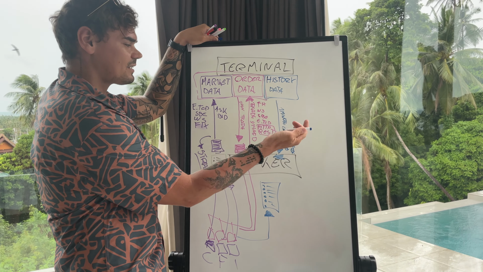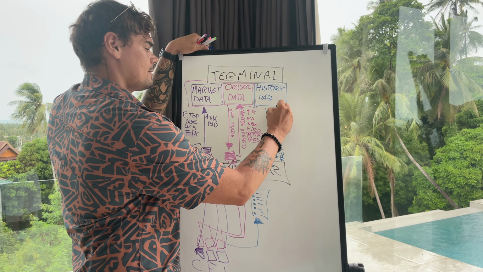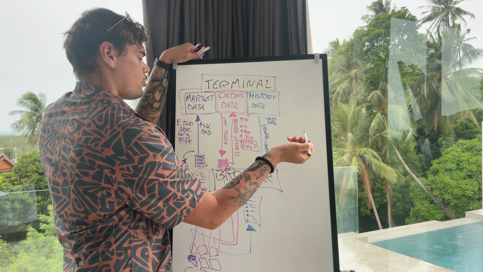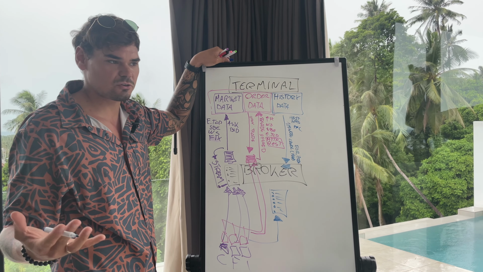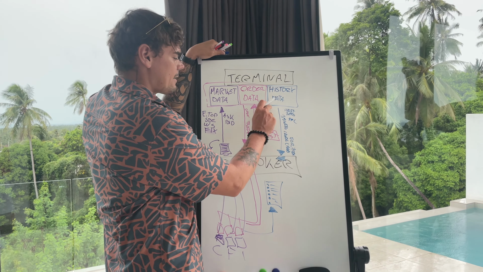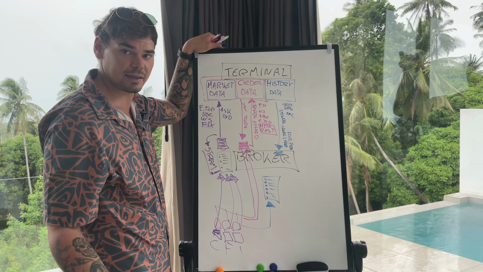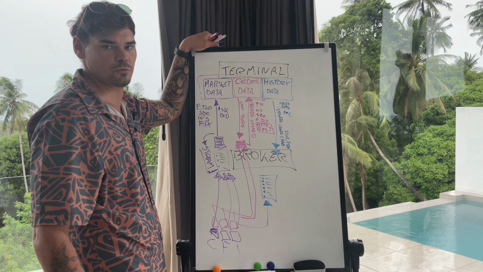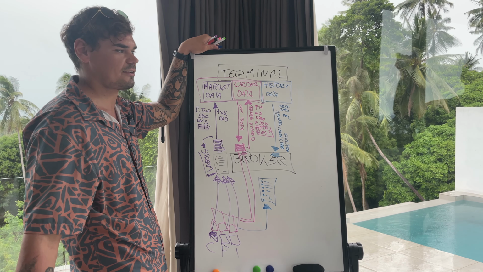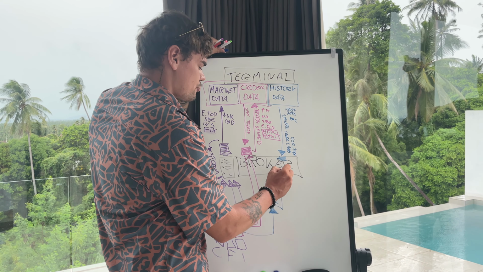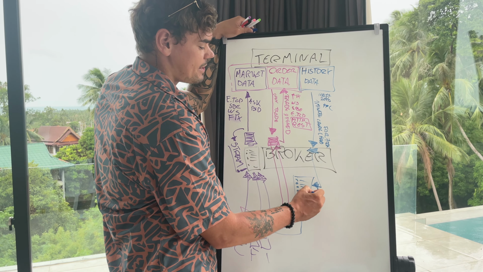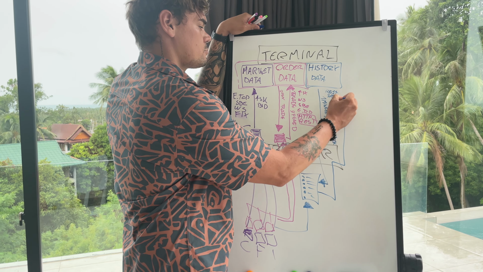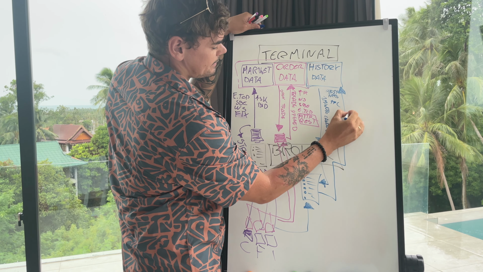It could be REST, HTTP, gRPC, or any kind of request-response communication. So we send the request to get the historical data, say for EUR/USD 1 minute chart for the last 7 days, the request goes to the broker database, and we get the response with the candlesticks.